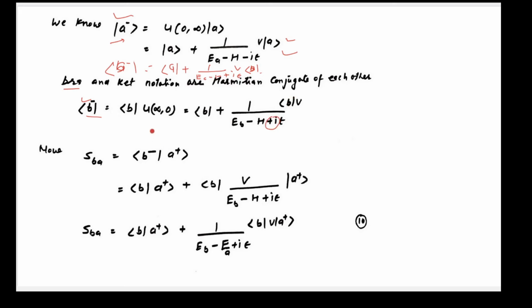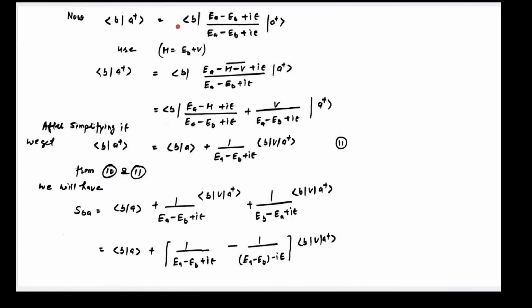Now substitute the value of S_BA in equation number 9, and we will get this. Now we will solve it separately. So B or A plus will go to B. We have divided and multiplied by this factor.